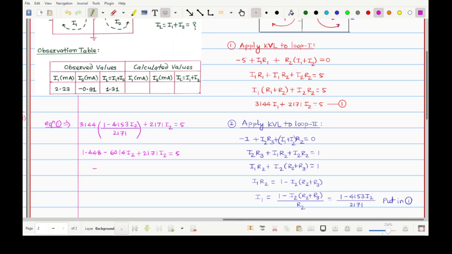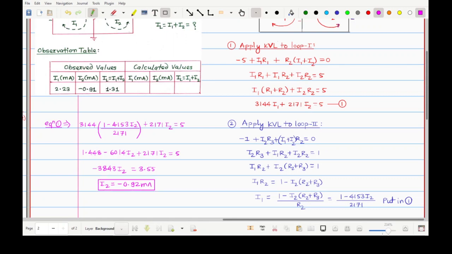What you are getting, minus 3843 I2 is equal to, take 1.44 on this side, so you are getting 3.55, it will get subtracted from 5. So if you calculate I2, what you are getting, minus 0.92 milliampere. So this is the value of I2 you are getting after applying KVL.